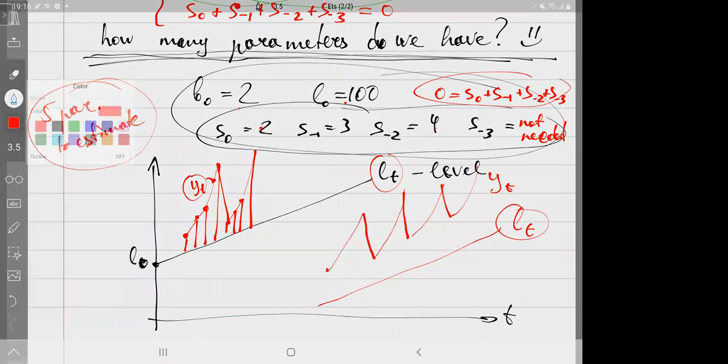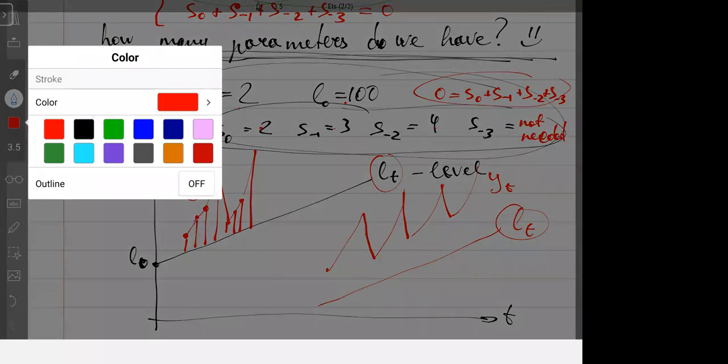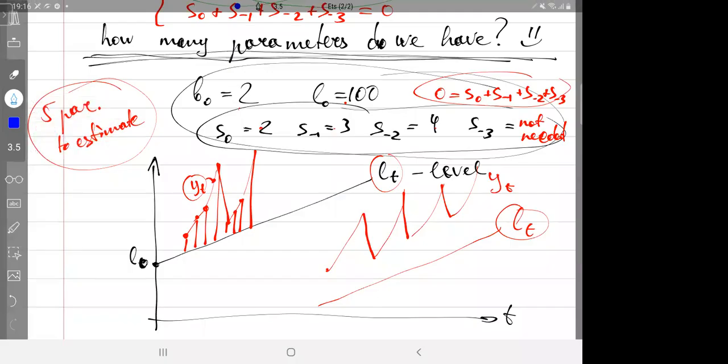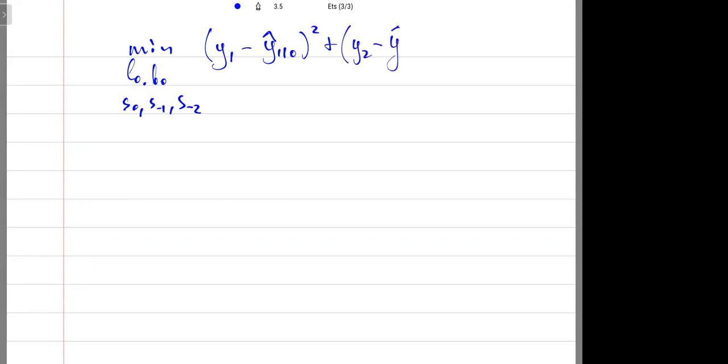So we can use nonlinear least squares. So this model can be estimated. For example, you may minimize over L0, B0, S0, S minus 1, S minus 2 something like: actual y1 minus prediction of y1 made at 0, squared, plus y2 minus the one step ahead forecast, squared, plus and so on up to n.